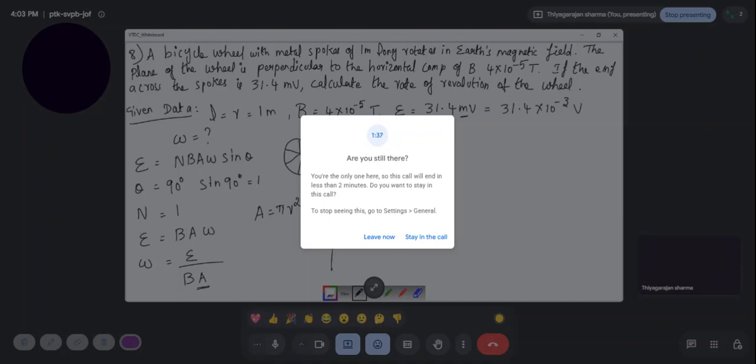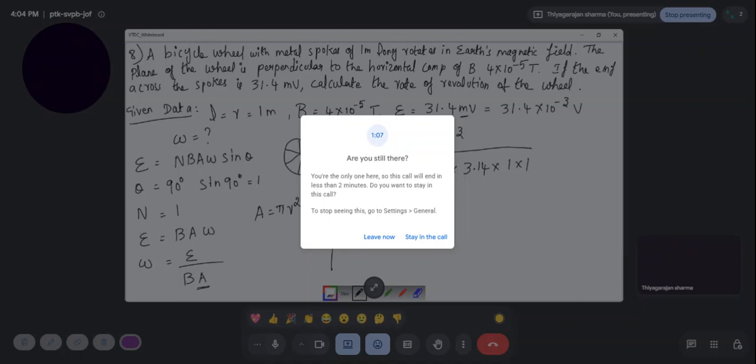Rate of revolution omega is equal to induced EMF 31.4 into 10 to the power of minus 3, divided by B, which is 4 into 10 to the power of minus 5, into pi value 3.14 into r square, which is 1 into 1. To remove the decimal in the denominator and numerator, you will have to multiply by 100, because after the decimal two digits are there in the denominator. The same number you can use in the numerator too.